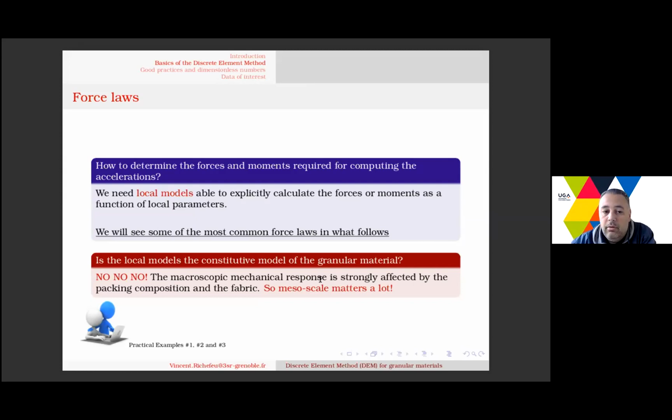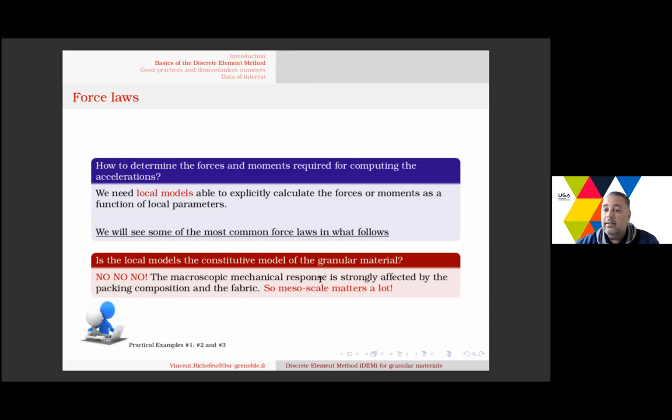But this is wrong, super wrong, because the macroscopic response will be strongly affected by the packing composition and the fabric. In other words, the mesoscale will matter a lot. For instance, you can take a system, remove friction, no friction, okay, you shear, and you will observe macroscopically a Mohr-Coulomb yield function.